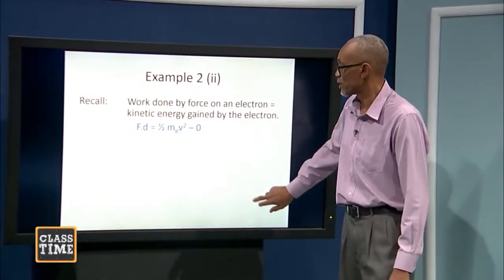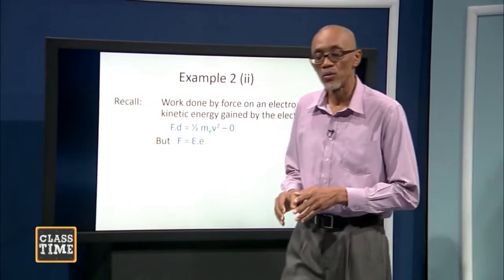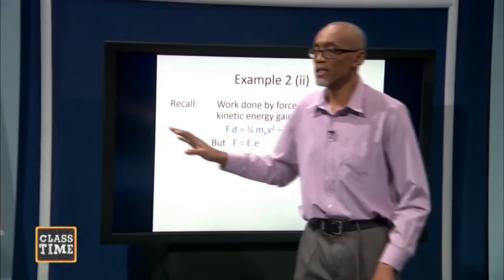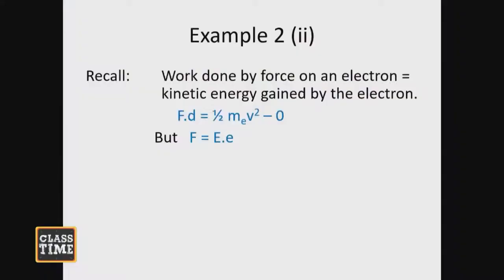So let's see what goes on. But we know that the force is equal to EQ. We use Q, but in this case, for the charge on an electron, we use the common e. So we know that F is equal to E times e, so we will substitute there, and we will have that E times e times d is equal to that.